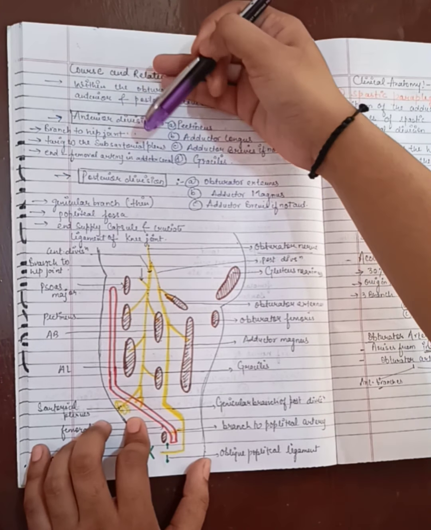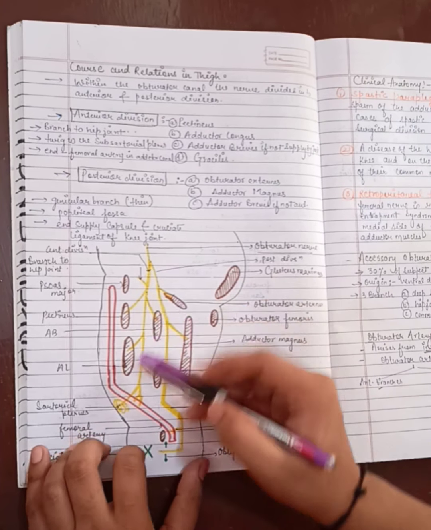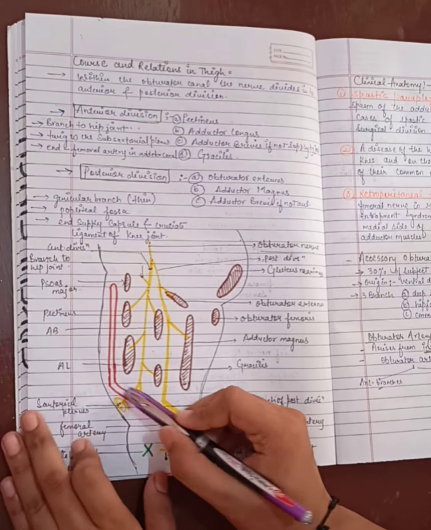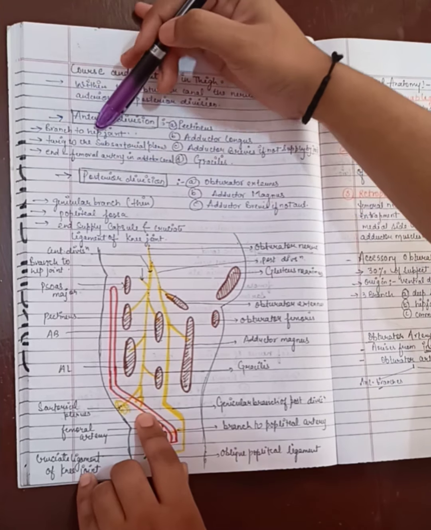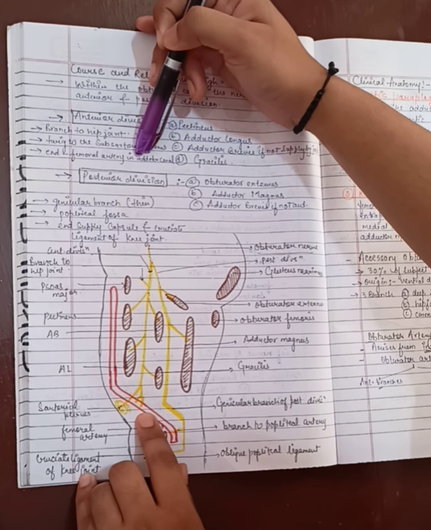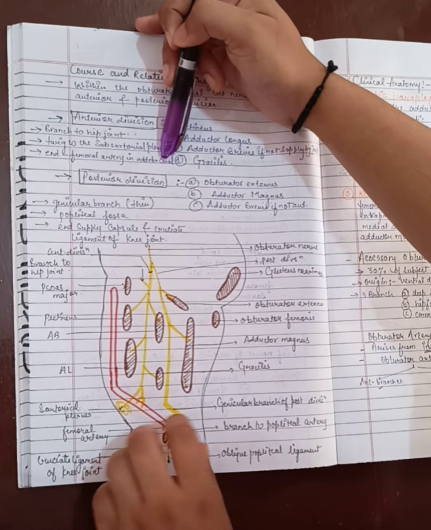Anterior division gives a branch to the hip joint and also takes part in the subsartorial plexus, and also gives a branch to the femoral artery in the adductor canal.